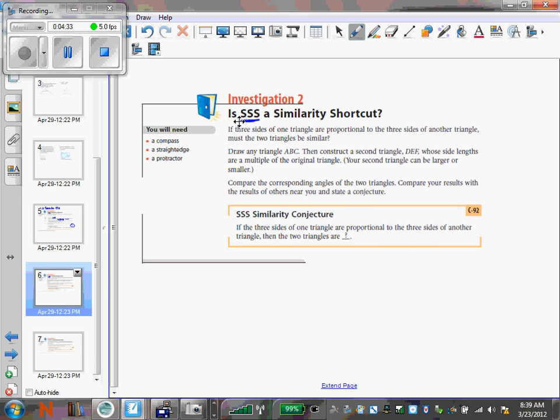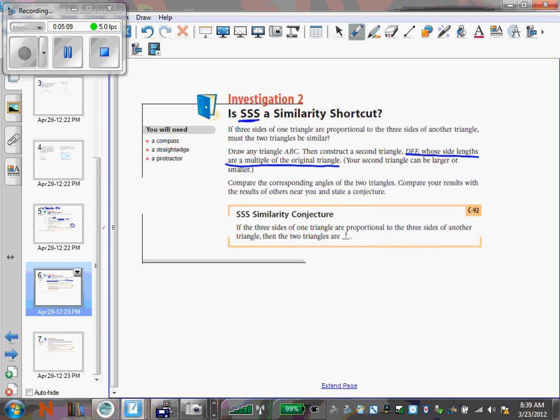We're going to draw any triangle ABC, then construct a second triangle DEF whose side lengths are a multiple of the original triangle. Your second triangle can be larger or smaller. With this investigation, you might want to use graph paper and do it like we did in section 11.1 when we dilated the polygon. But in this case, you just want to dilate your triangle.